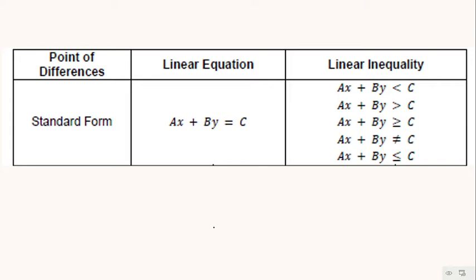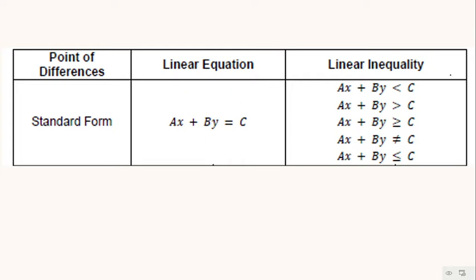Okay, so let's look at these points of difference between linear equations and linear inequality. The standard form of linear equation is ax plus by equals c. This is the only standard form for linear equation.